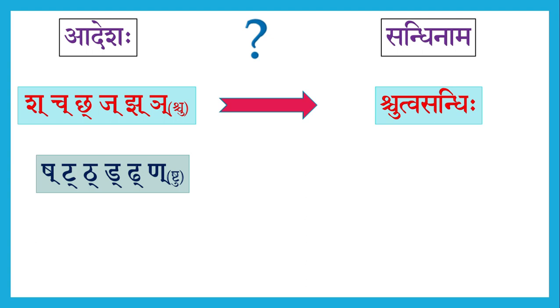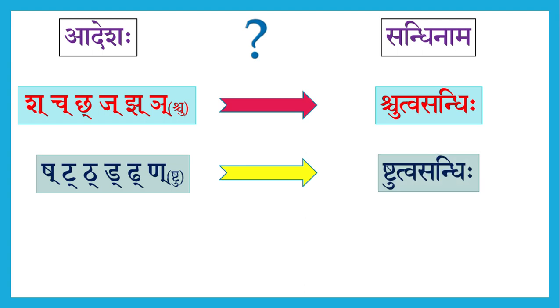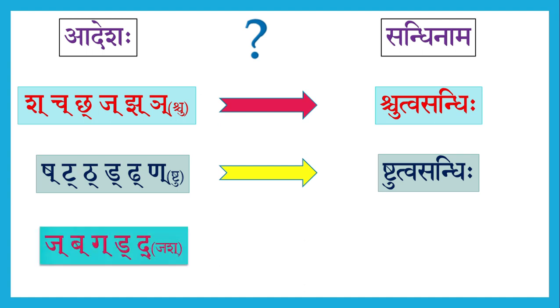Moving further, when we have the letters Sha, Ta, Tha, Da, Dha, Na enter in the form of Adeshaha, that type of Sandhi is called Shtutva Sandhihi. It is named so because it has the letter Sha as well as Tavargaha. Let's move on to the third type of Vyanjana Sandhihi.